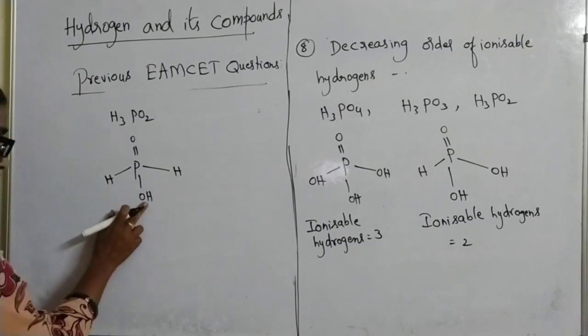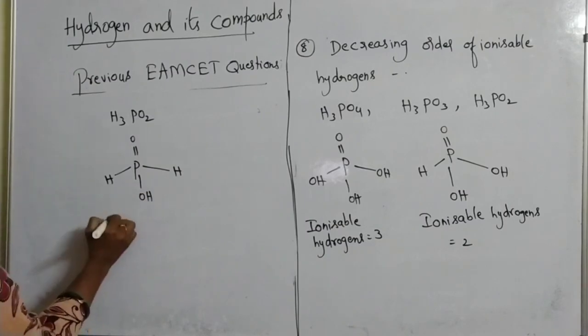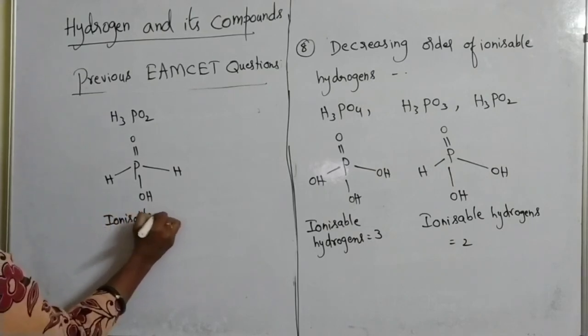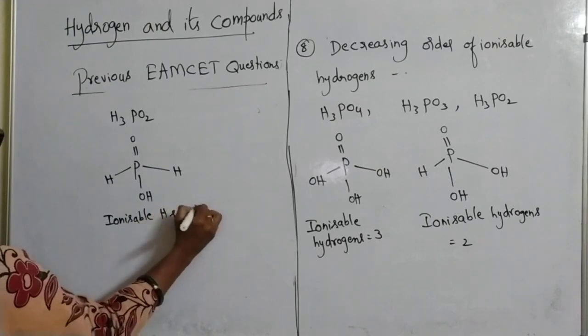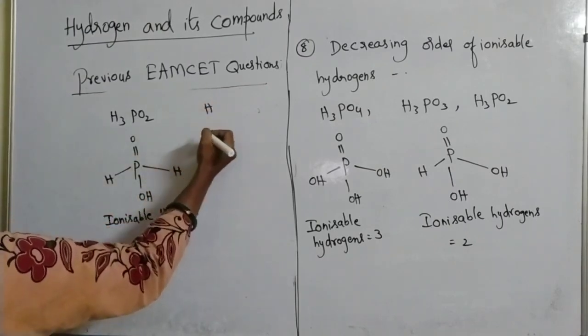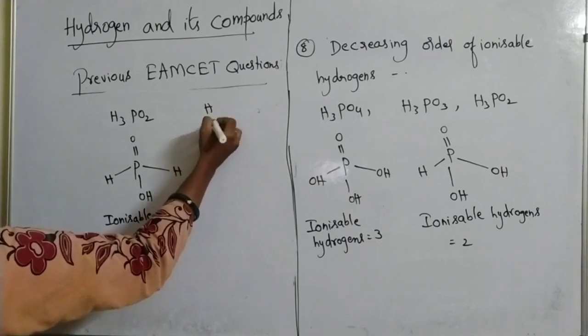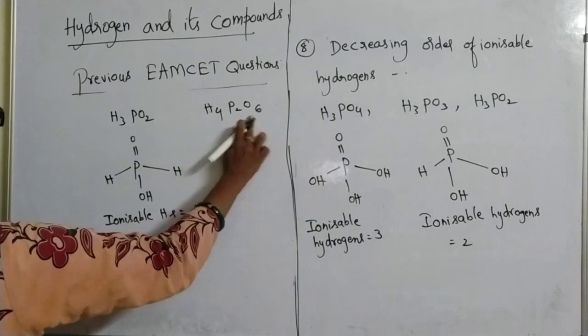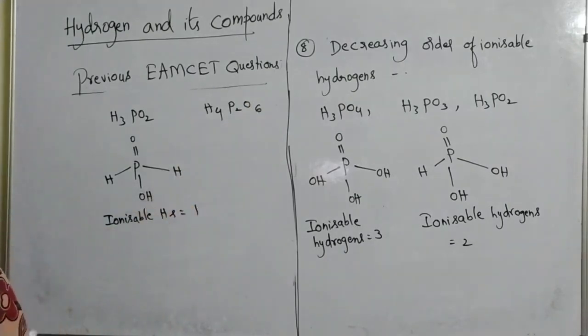So only this 1 hydrogen is replaceable. So ionizable hydrogens are only 1. And finally they gave one more compound, H4P2O6. That means it is like H2PO3 only.